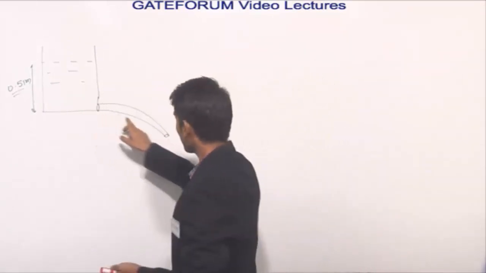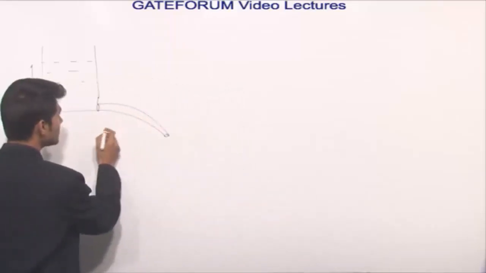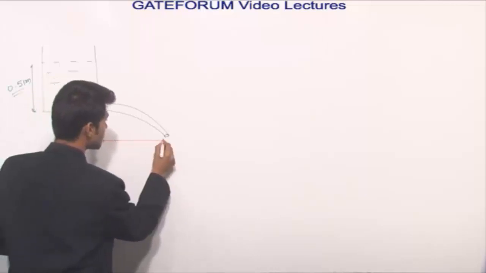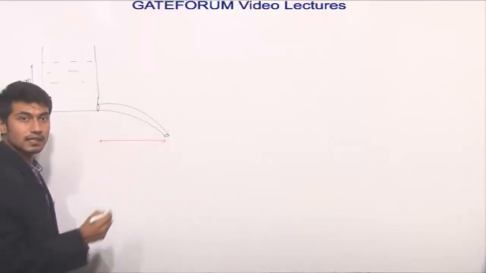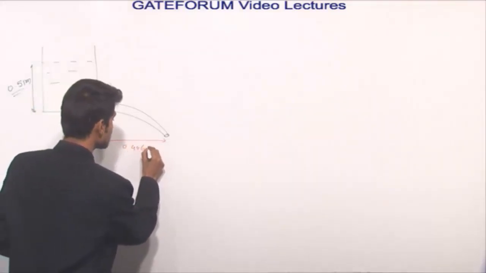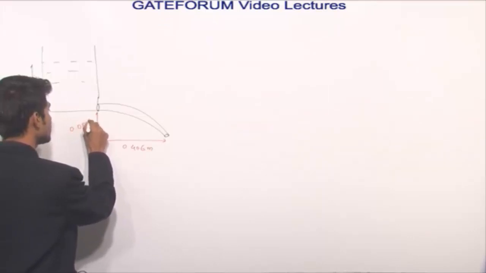For this particular jet, we are given the coordinates, and in x direction it is 0.406 meter, and in y direction it is 0.085 meters.